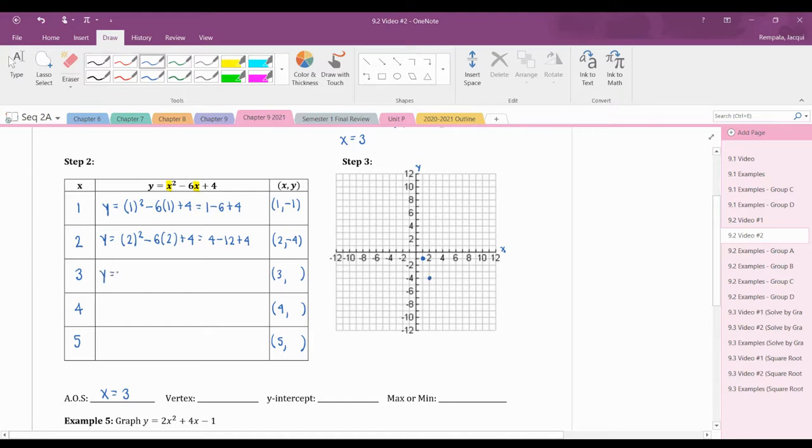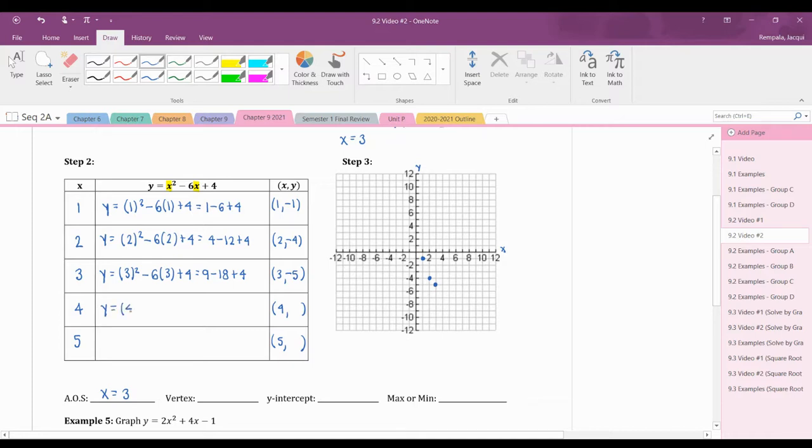When I plug in 3, we'll have 3 squared minus 6 times 3 plus 4. 3 squared is 9. -6 times 3 is -18 plus 4. When we add that together, it looks like we're going to get -5. So 3 to the right, 5 down, plot my point.